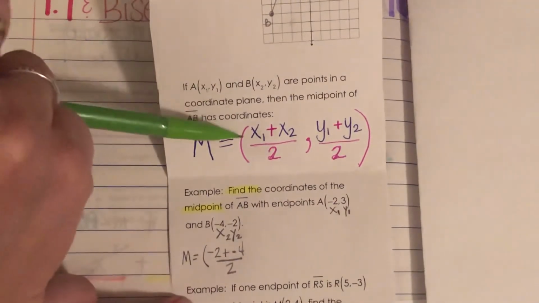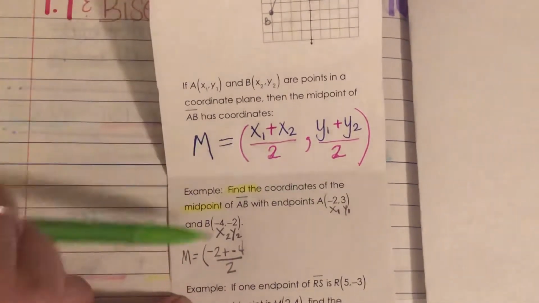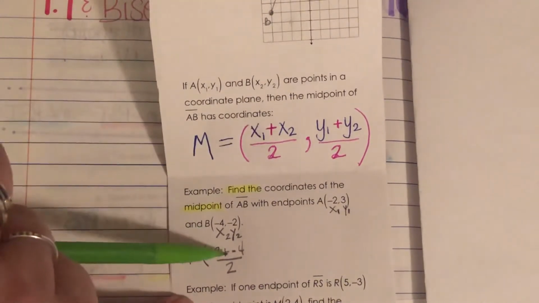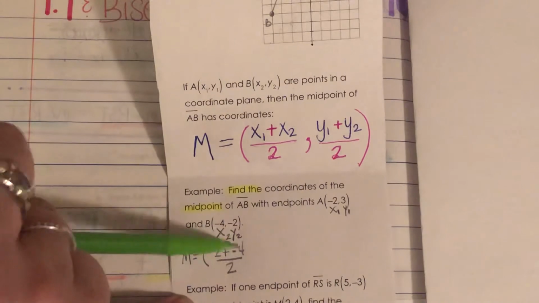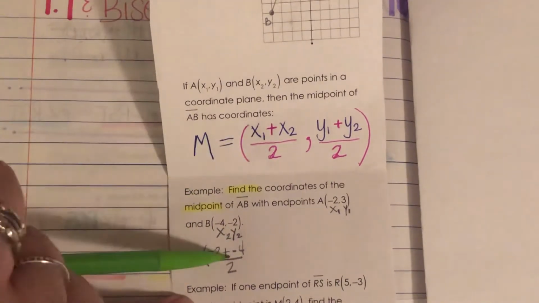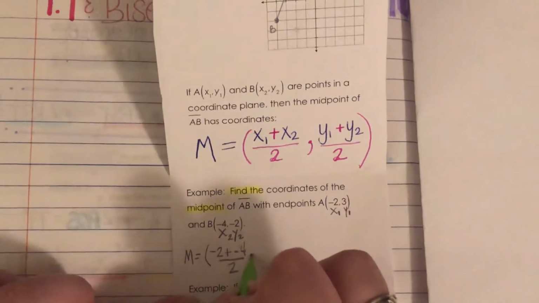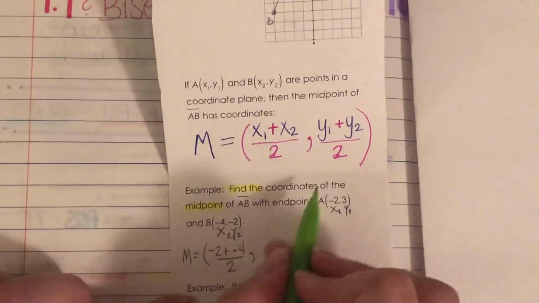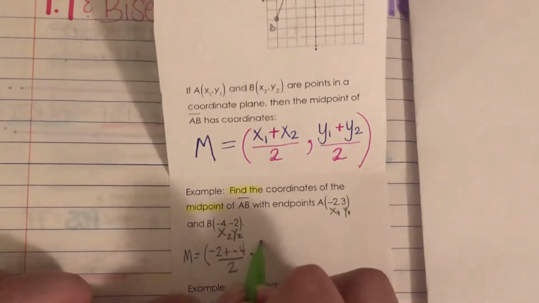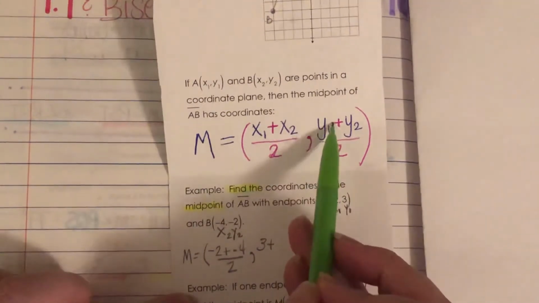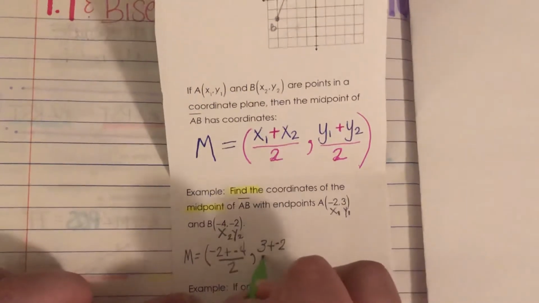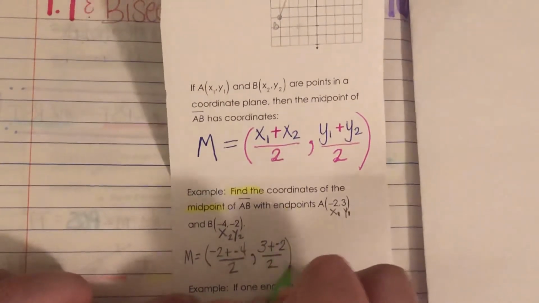So I used my formula x1 plus x2, put it in the formula, divide by 2. Comma, because now we're going to do it again for the y's. So y1 is 3 plus y2 is -2, divided by 2, because that's the formula.